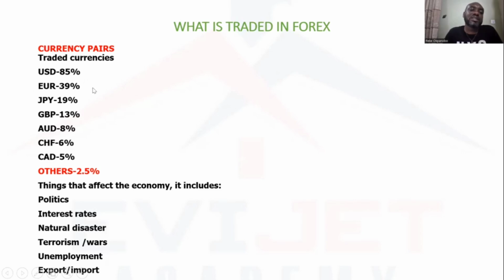Then the Euro plays a role of 39%, the JPY 19%, the GBP 13%, the AUD 8%, CHF 6%, then the Canadian dollar 5%. Then the others, where you have the Nigerian Naira, Mexican Peso, Ghana cedis, Indian rupee, name all of them, fall in the other 2.5%.